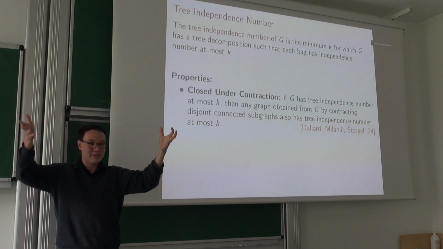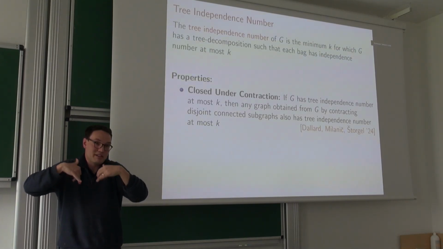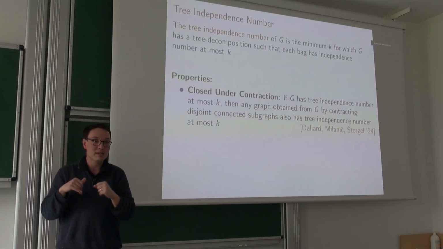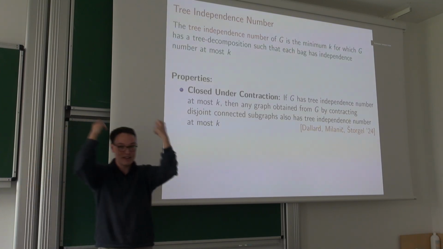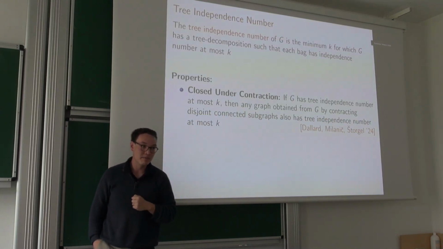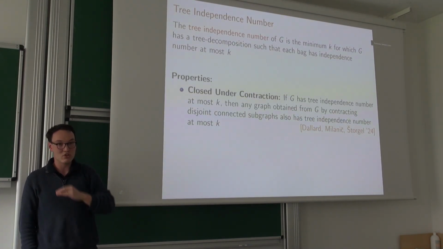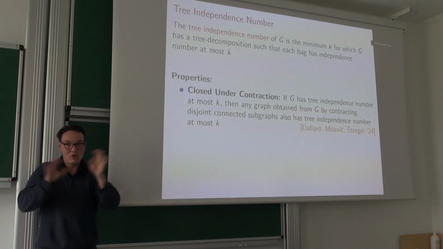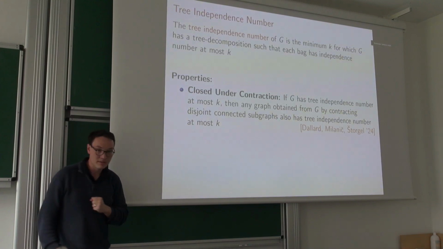You start with a graph G, you contract some edges, and then you get a graph H which has independence number at most k. Let's say it has an independent set of size k. You can then lift that back to your original graph G and find an independent set of size k. So the independence number can only go down when you contract edges, and that also holds in the tree independence number setting.